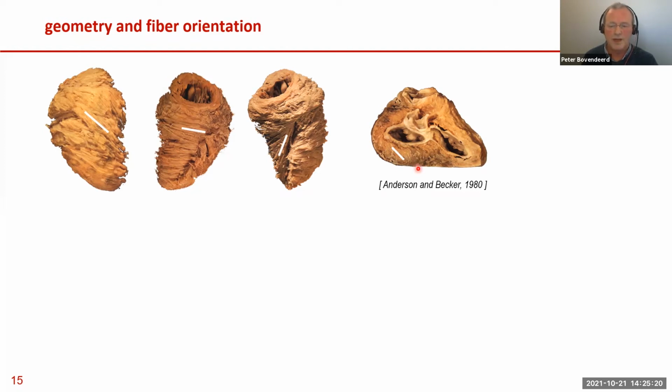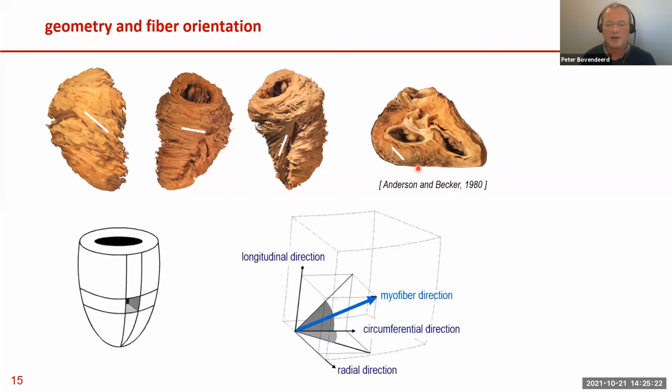So to quantify these findings, we use two angles, and let me explain a bit more in detail. Let's take a point at the cardiac wall situated somewhere over here. In this point, we can define a radial direction or a transmural direction, circumferential direction, and longitudinal direction.